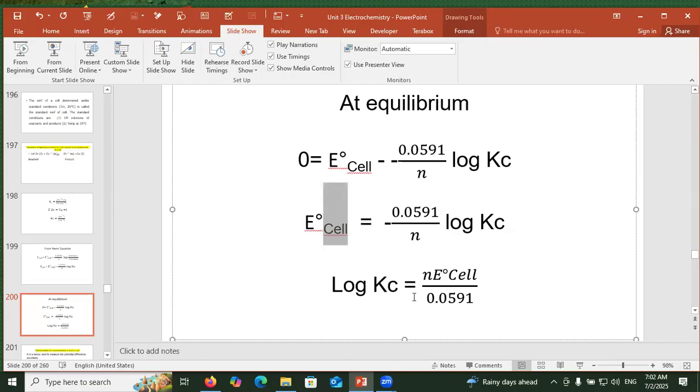Taking the antilog, log Kc equals n E naught cell over 0.0591.